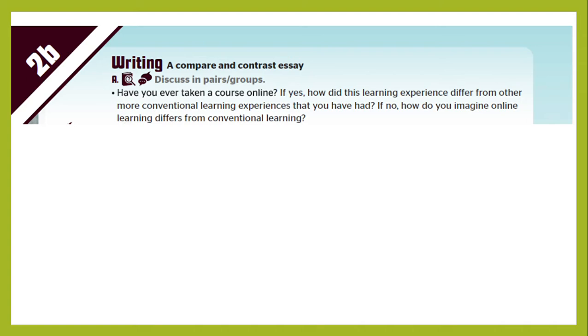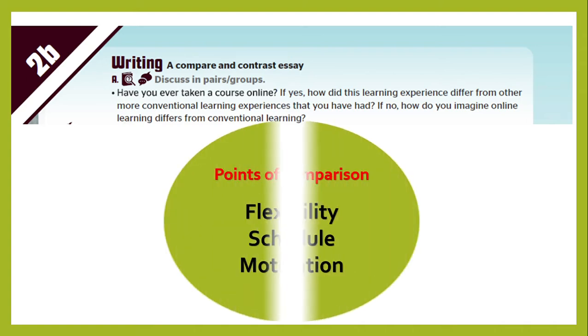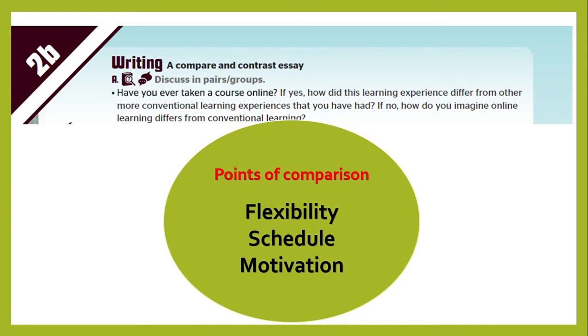You can find some points of comparison like flexibility, schedule, and motivation to make a comparison between online learning and conventional learning. Take your time and write down your own answer.